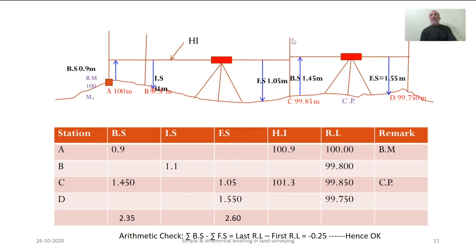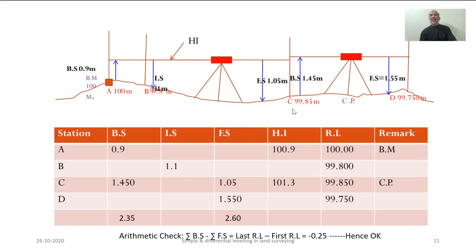Now, as we shift the equipment, here this is instrument station 2, and on station C itself, again we take the reading as backsight reading. So, on station C, we have taken the foresight reading from the first setup and the backsight reading from the subsequent setup.